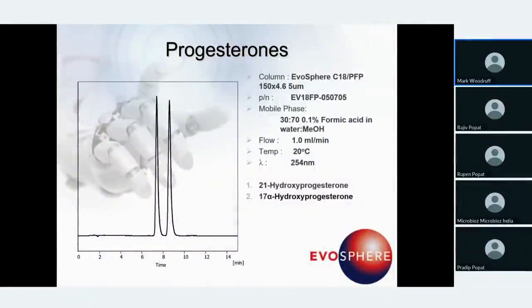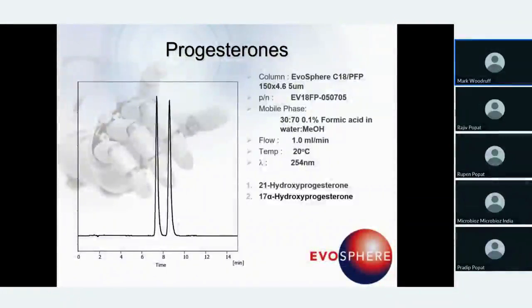So we're using simple mobile phases, we're using the complexity of the stationary phase in order to gain the resolution between isomeric metabolite species that you have in your samples.